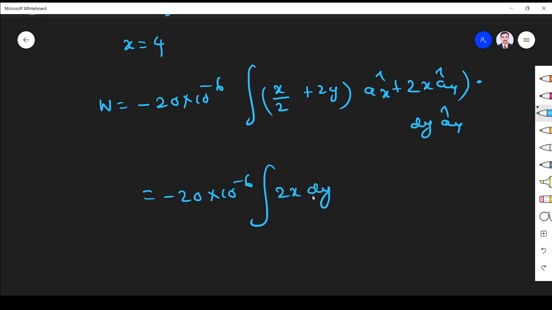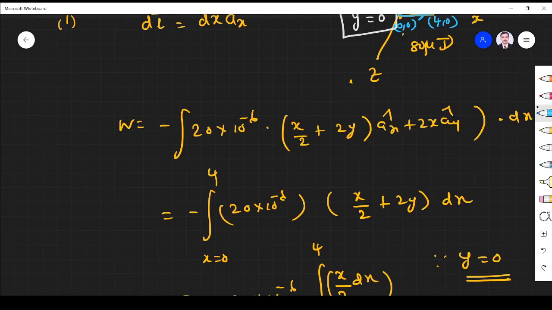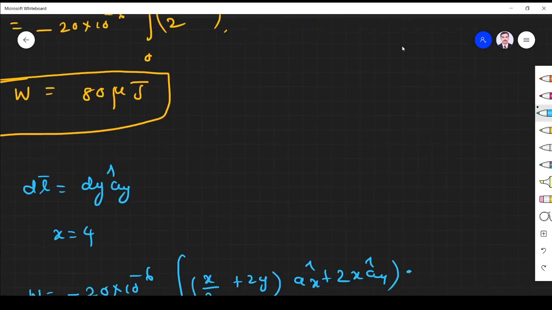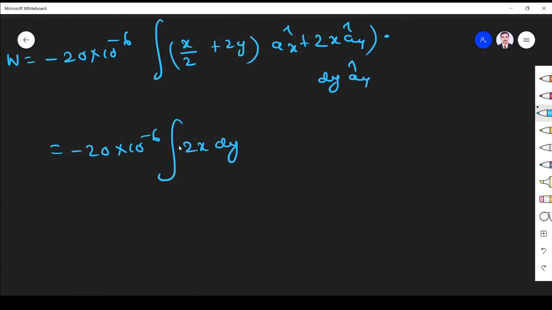Okay, so I have to integrate with respect to y. What is the range of integration? My path is from y equal to 0 here to y is equal to 2. So y varies from 0 to 2. The integral goes from 0 to 2, and I told you x is equal to 4, right? So x is equal to 4, you can substitute, dy.